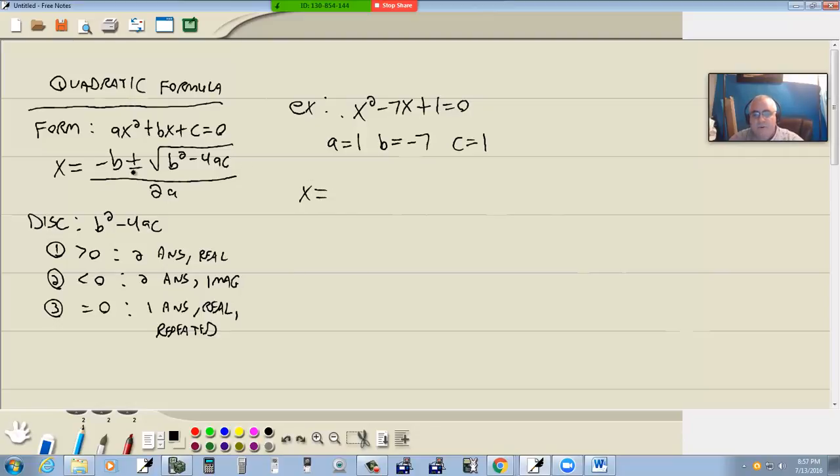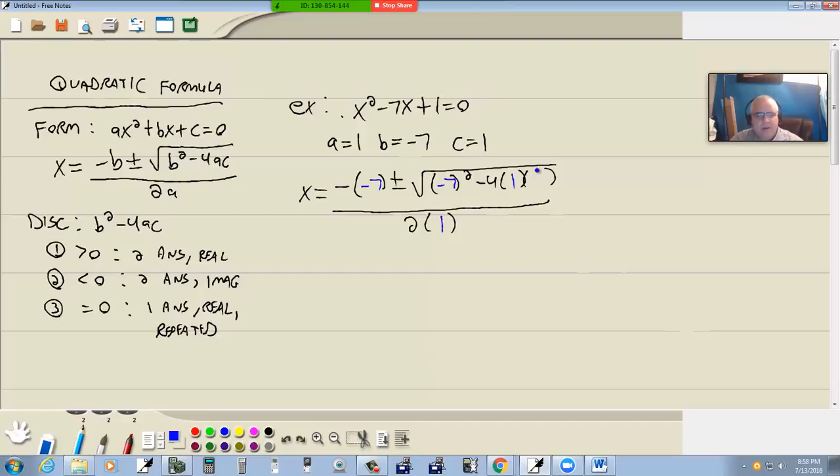Now we're going to go through and replace all of our variables with parentheses before we plug in our numbers. So we're going to have negative b plus or minus square root of b squared minus 4 times a times c all over 2a. Now b we said was negative 7, so everywhere I have a b I'll put in negative 7. A we said is 1, so everywhere I had an a I'll put in 1.